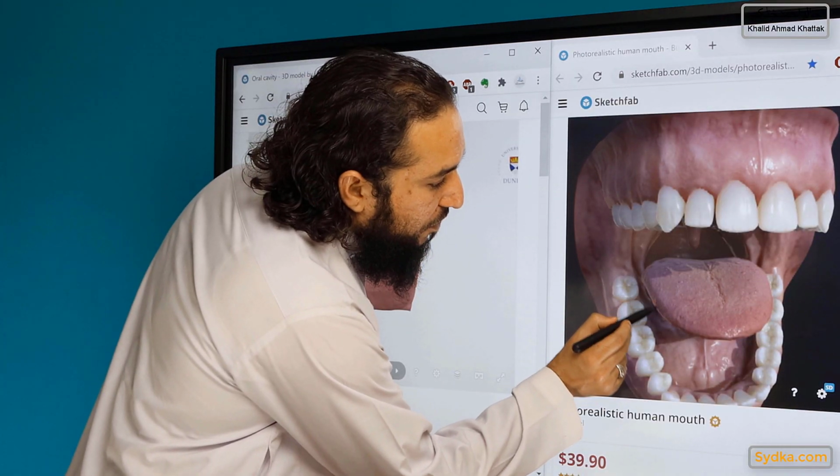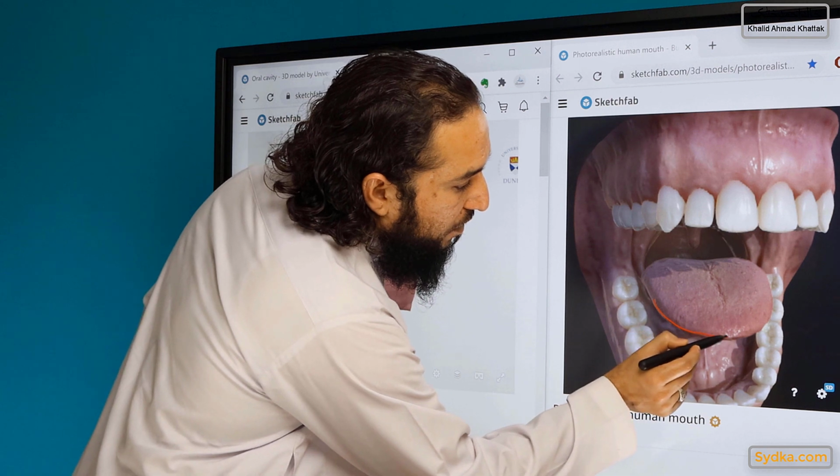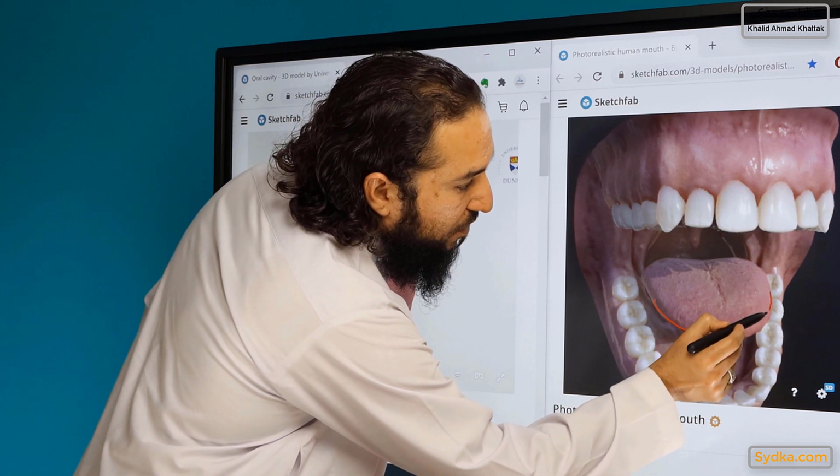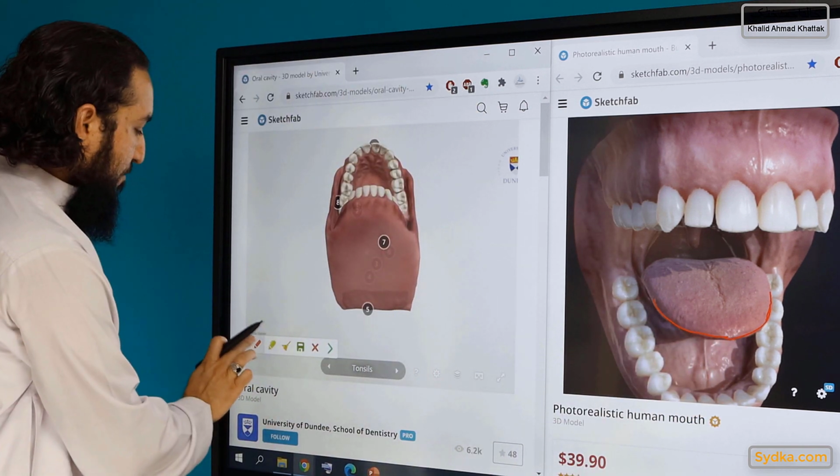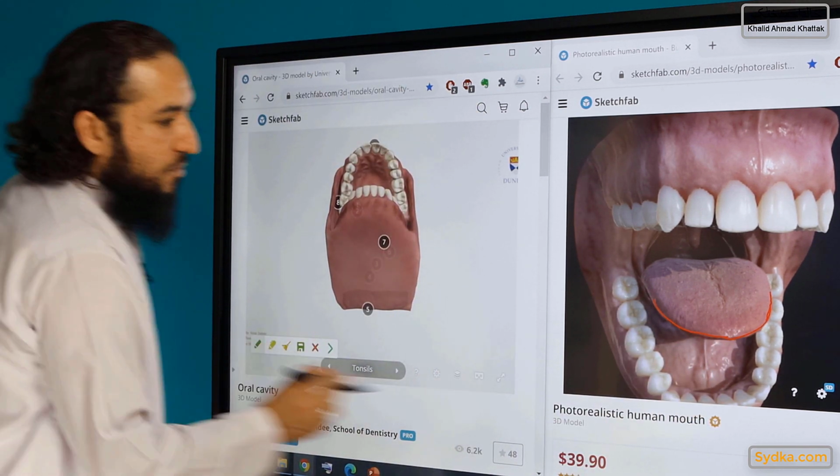So from the nearest part of the tongue, this is where it goes, to the tip of the tongue. Similar here, it's another color.